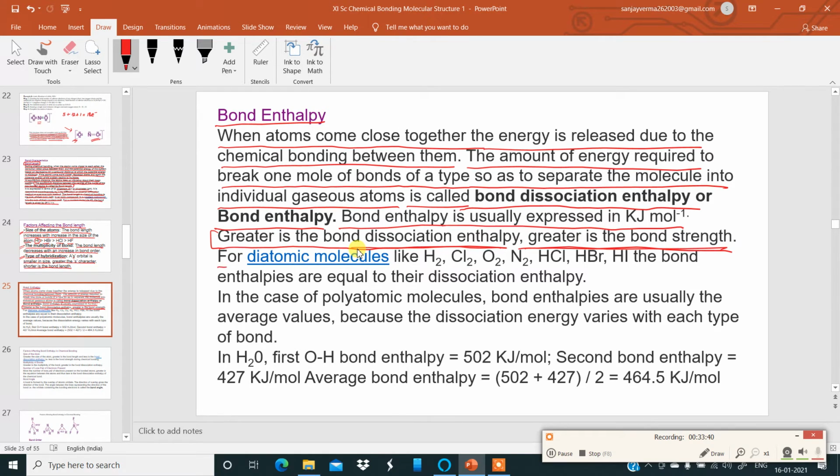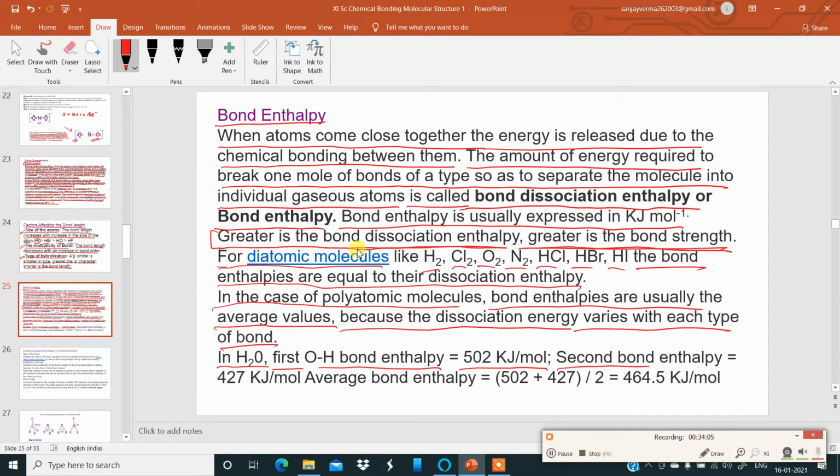For example, for diatomic molecules like hydrogen, chlorine, oxygen, nitrogen, HCl, HBr, HI, the bond enthalpies are equal to their dissociation enthalpy. In case of polyatomic molecules, bond enthalpies are usually average values because the dissociation energy varies with each type of bond. In a water molecule, the first O-H bond enthalpy is 502 kilojoules per mole.